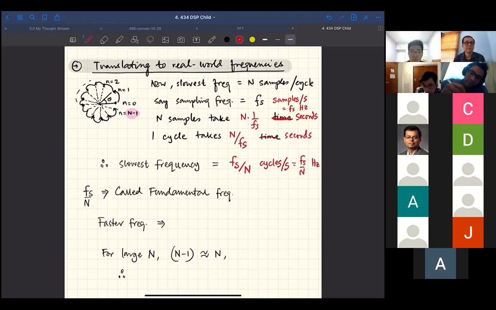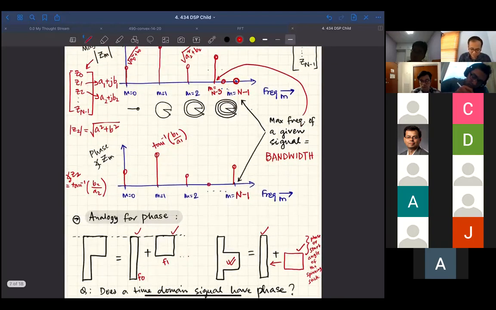So now look, if you sample the signal at Fs samples per second, the smallest frequency of rotation that you get, the slowest frequency, is Fs by n hertz. And then you will get the next frequency. Remember, this is Fs by n hertz.